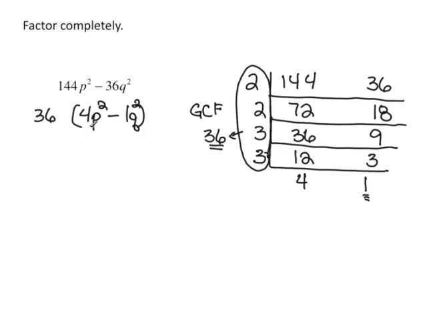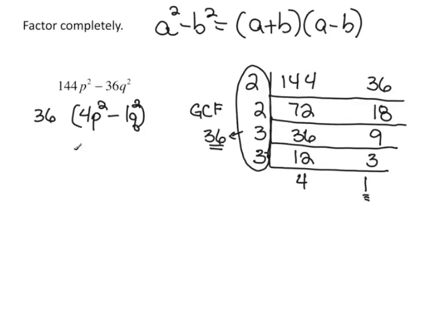This one's a binomial, and I want to see if I can use the formula for difference of squares. Again, that formula is, if you have a squared minus b squared, then the answer is going to be a plus b, a minus b. So I'm going to see if I can write this binomial as a difference of squares.